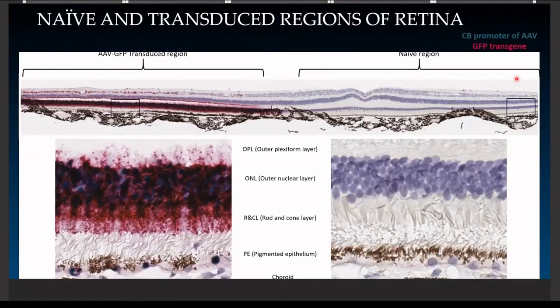Another example showing very high expression of this transgene in this outer nuclear region compared to the naive transduced retina.